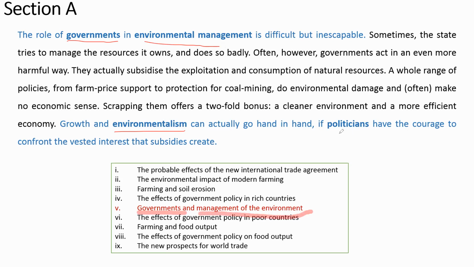So as you can probably understand, we have some sort of suggestions here proposed by the authors, but this time we don't have government, but instead a related word, which is politicians. And politicians are those people in the government.